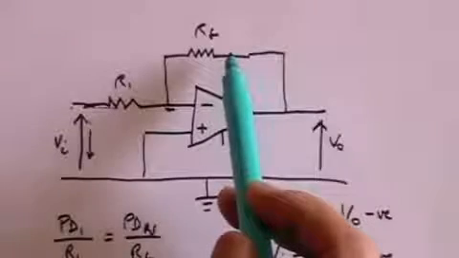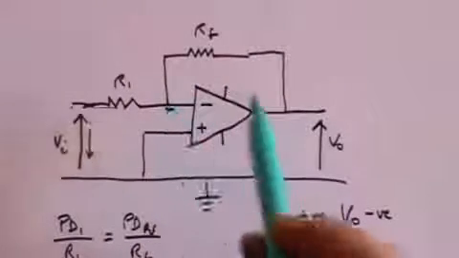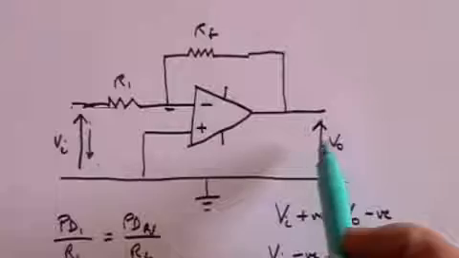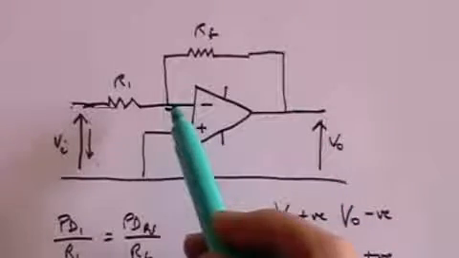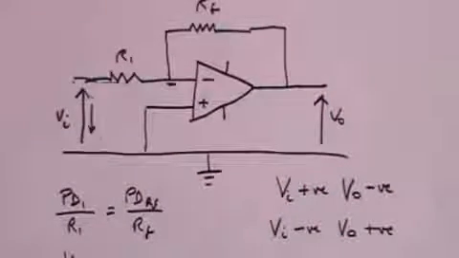What's the potential difference across RF? It's that voltage minus this voltage. But that voltage is 0. So it's minus V out divided by RF.